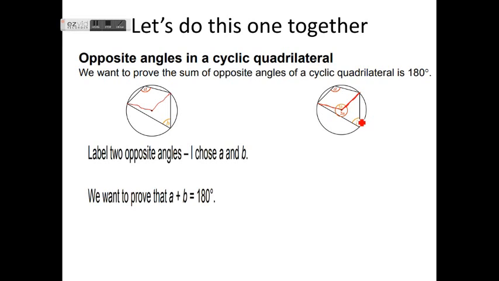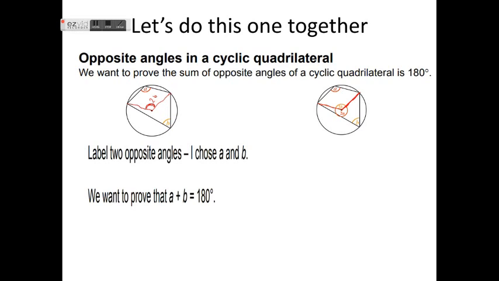Okay, this is where we start using another theorem that says that the angle at the center is twice the angle at the circumference. So I can start labeling.